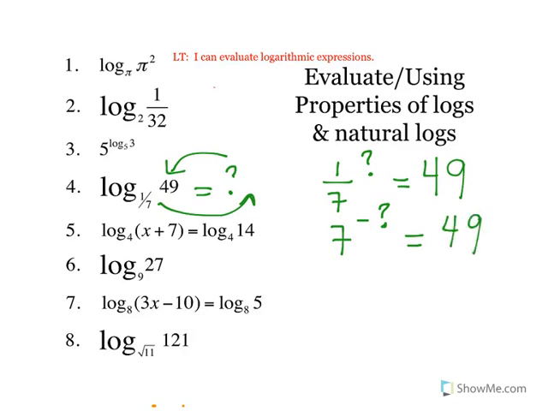However you want to flow through that. Okay. We're still sitting at a place where, if I'm thinking through all those properties, the bases had to be the same on all those properties for this to work. And so I've got a base of 7, and then on the right hand side I got a base of 49. Can I rewrite one of those bases to be like the other?